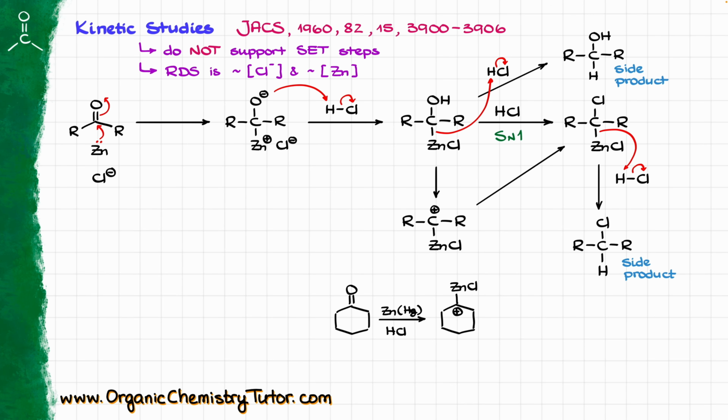From here, we can do a hydride shift from the nearby position, so this hydrogen with all of its electrons can migrate onto where the zinc and the carbocation is, giving us the following intermediate, and then from here, this is a classic E1 style reaction where the zinc is going to fall off, and as a result, we're going to get a double bond.